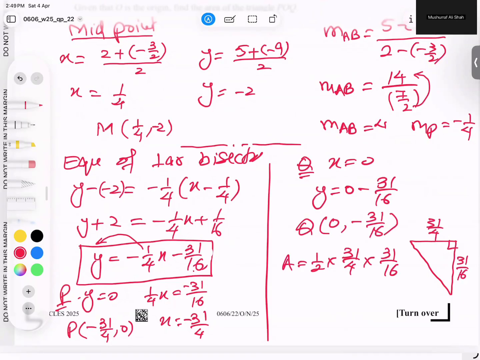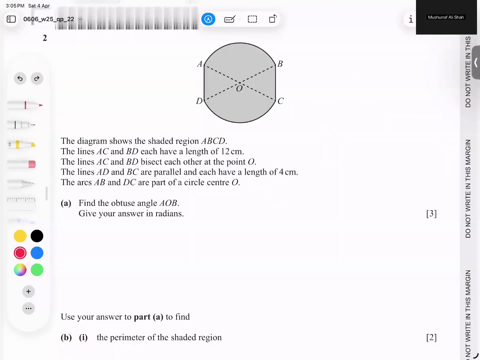So half into 31 over 4 times 31 over 16 turns out to be, in fraction form, 961 over 128, in 3SF 7.51 unit square. And we got the area of the triangle.